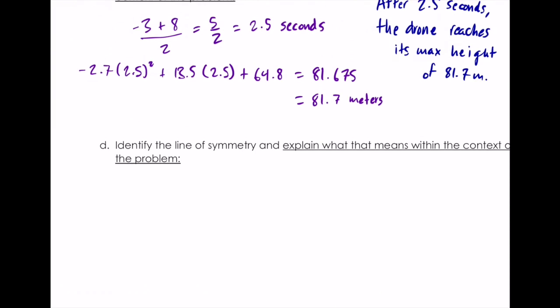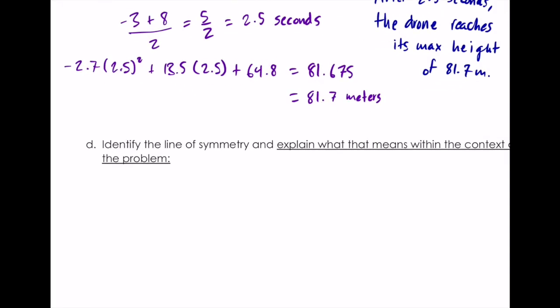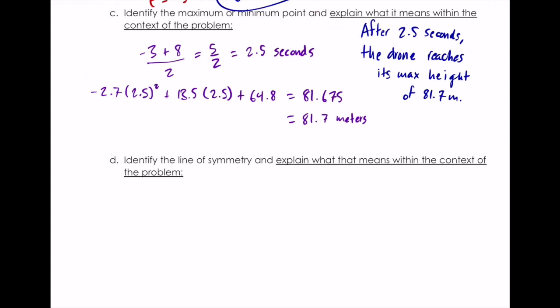Lastly, we want to look at that line of symmetry. We're going to say that it happens at 2.5 seconds. So we want the equation of a vertical line here. We can just say t equals 2.5. That is our line of symmetry.